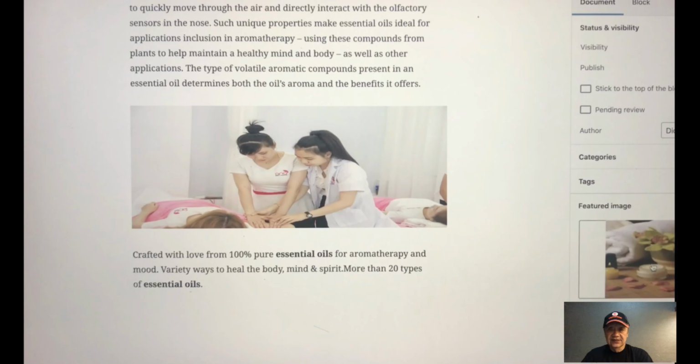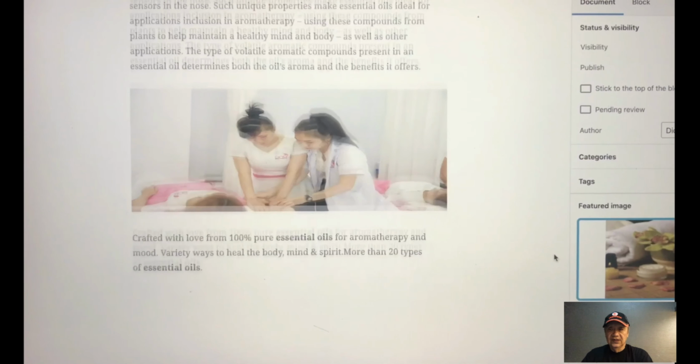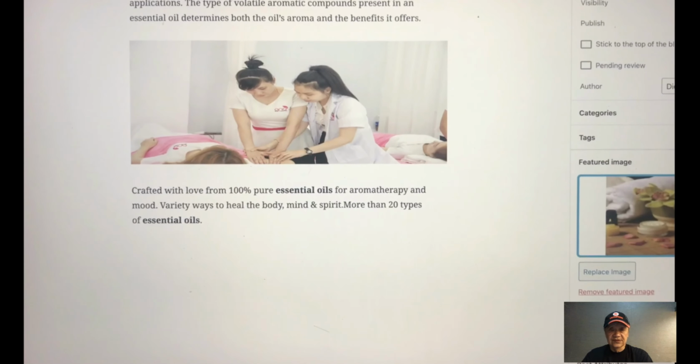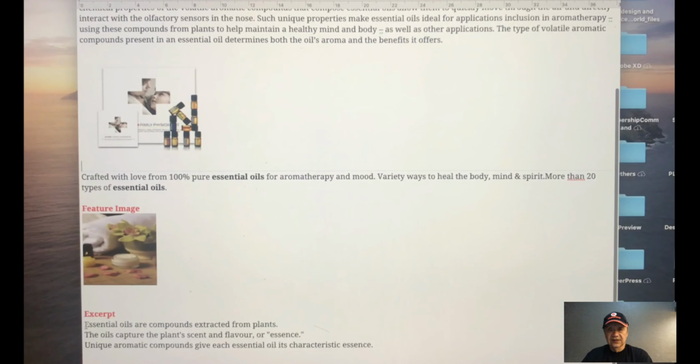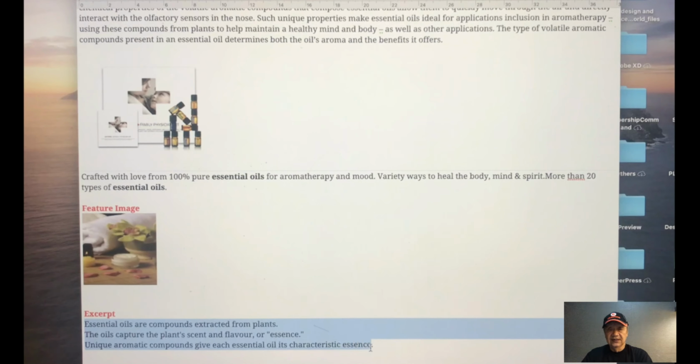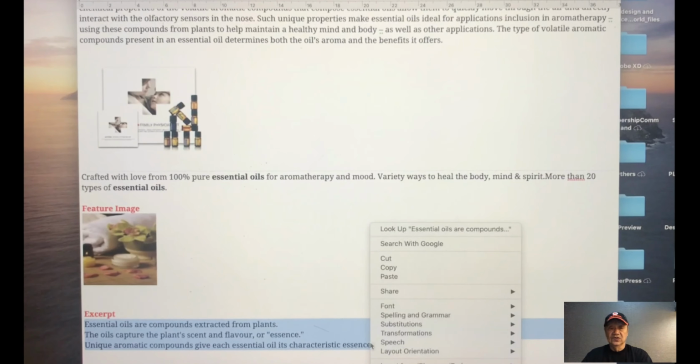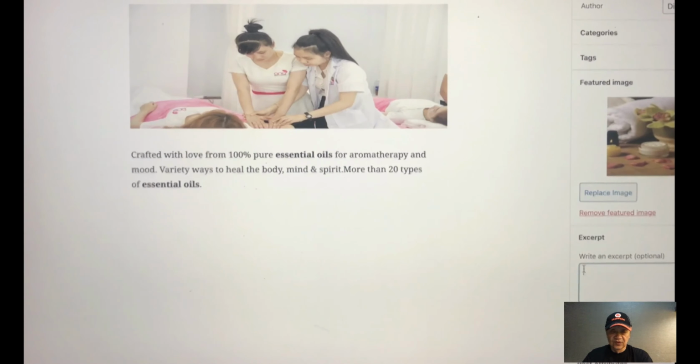The features image is here. See that? The next thing to do is the excerpt. The excerpt is mainly the summary of the top part, explaining the introduction of the thing. So when I go for the excerpt, I already prepared it. Just go in, I copy, and I come back here, just paste it over here.